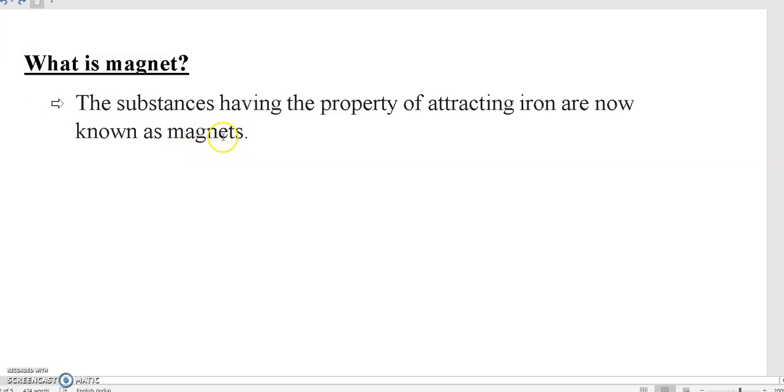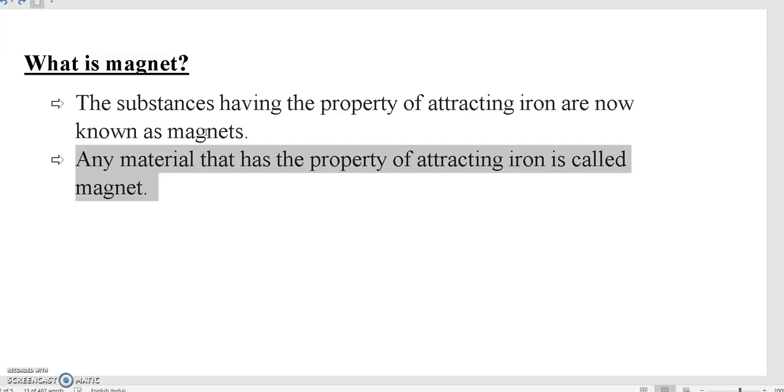It can be any material. If that material or substance has the ability to attract iron or iron-mixed substances, then it is called a magnet.